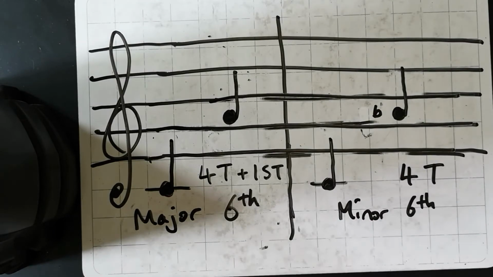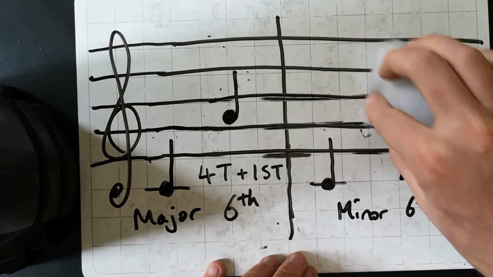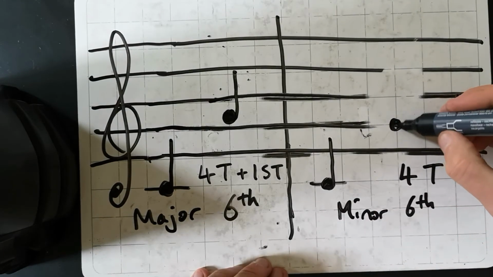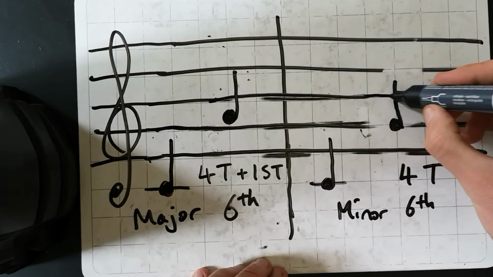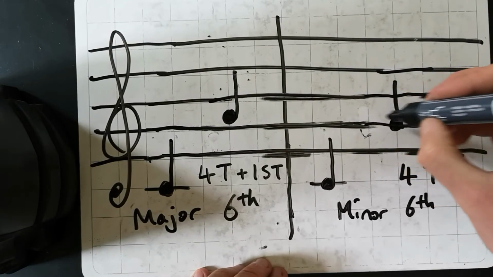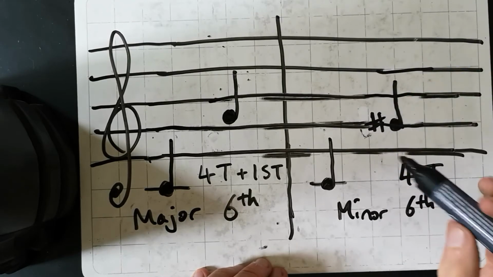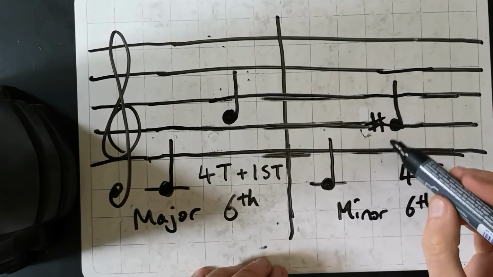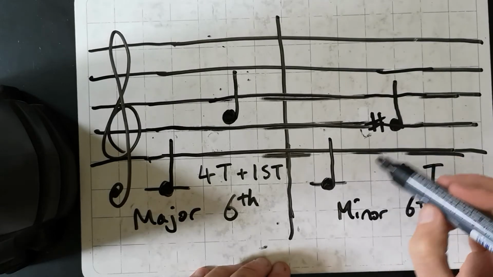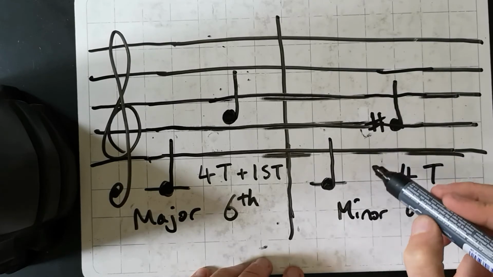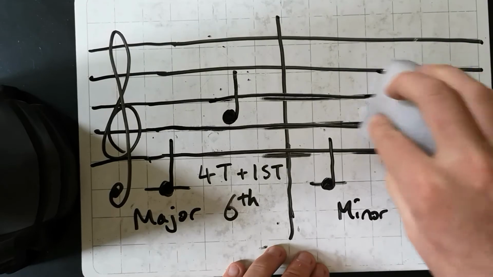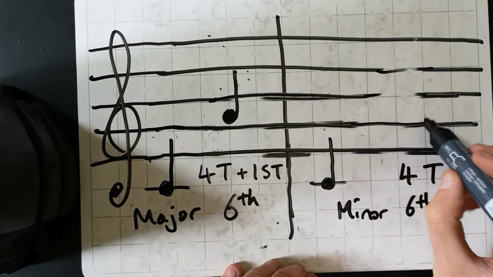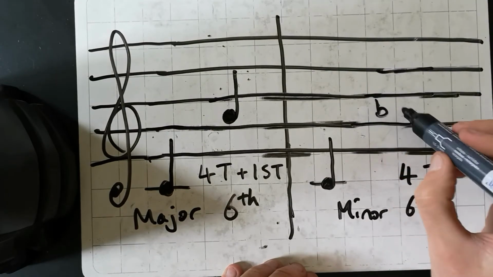Okay, and it's not going to be G sharp, because although G sharp is also 4 tones away, the reason it's not going to be G sharp is because that's only 2, 3, 4, 5 away on our stave. So that's only a distance of a fifth, that's an interval of a fifth, and we're looking at sixths. So it can't be G sharp, although that's 4 tones away. It's got to be A flat.